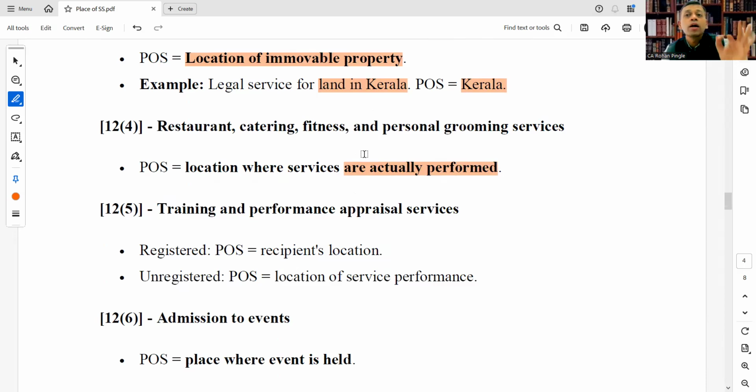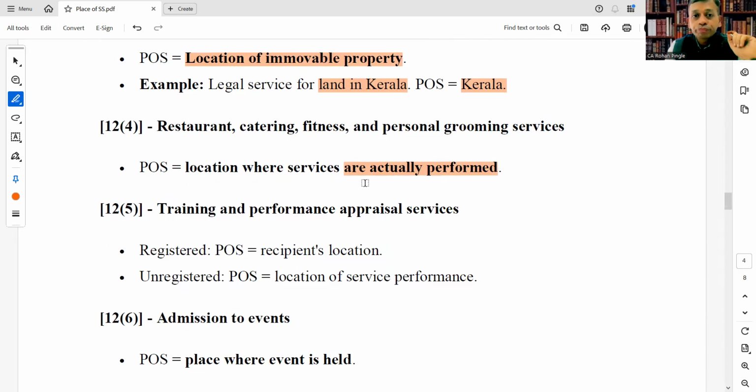Same in a restaurant. Whenever you go to a restaurant, you eat there, so the service of providing food is performed in the restaurant. The place of supply would be the location of the restaurant. That is subsection 4 of section 12.